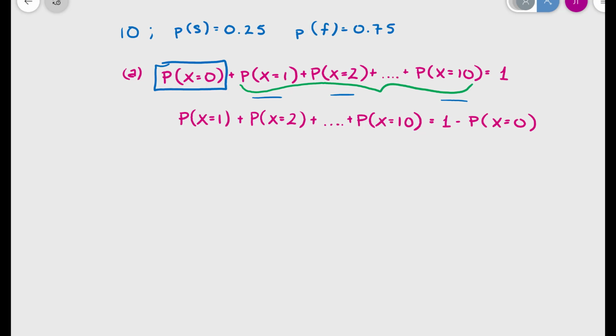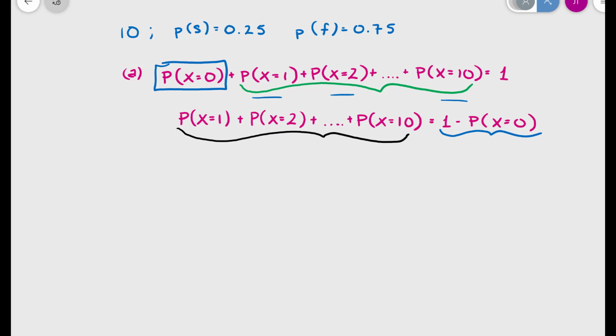This is much easier to solve than computing 10 probabilities and adding them together. If you've already done this problem and you computed 10 probabilities and added them together, that's fine. Your answer will be exactly the same as if you do the technique that I'm about to show you right now. All we need to do is compute the value for the right-hand side of the equation, and it will tell me the exact probability of x equals 1 through x equals 10, because this is an equation.